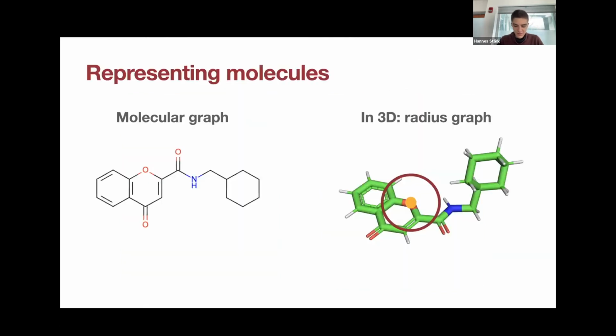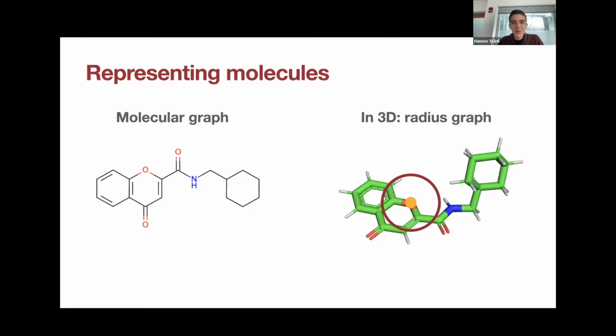How do we represent molecules? Say we now want to do machine learning for molecules, then how do we represent our molecule is a question.